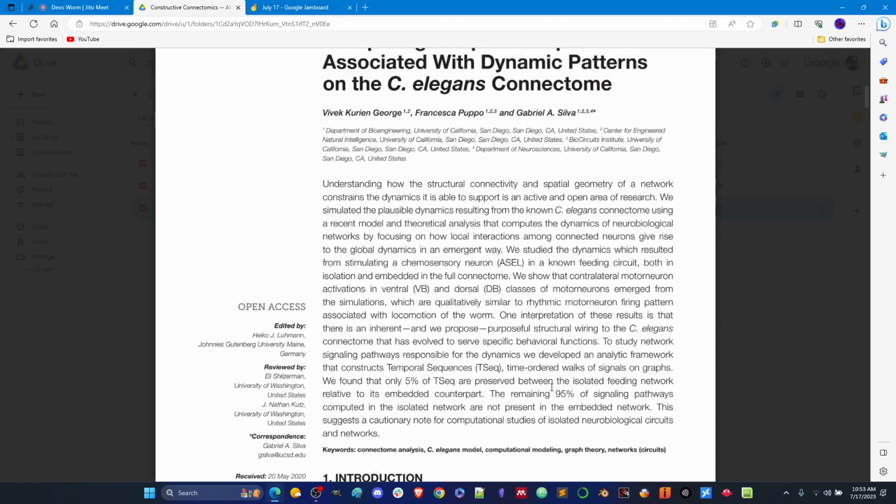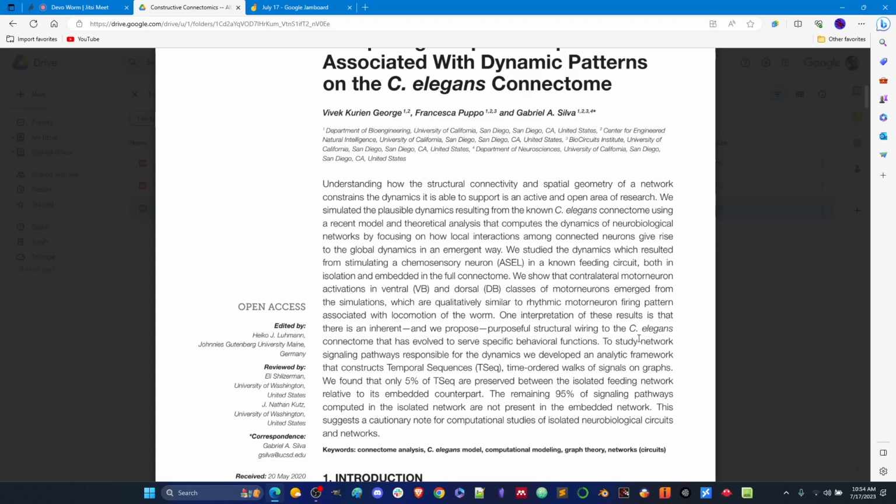Okay, so one interpretation of these results is that there is an inherent, and we propose purposeful, structural wiring to the C. elegans connectome that has evolved to serve specific behavioral functions. So this is exactly what I was talking about with respect to some of these circuits, that there's mapping from a small set of cells to a larger set of behaviors or a specific behavior.